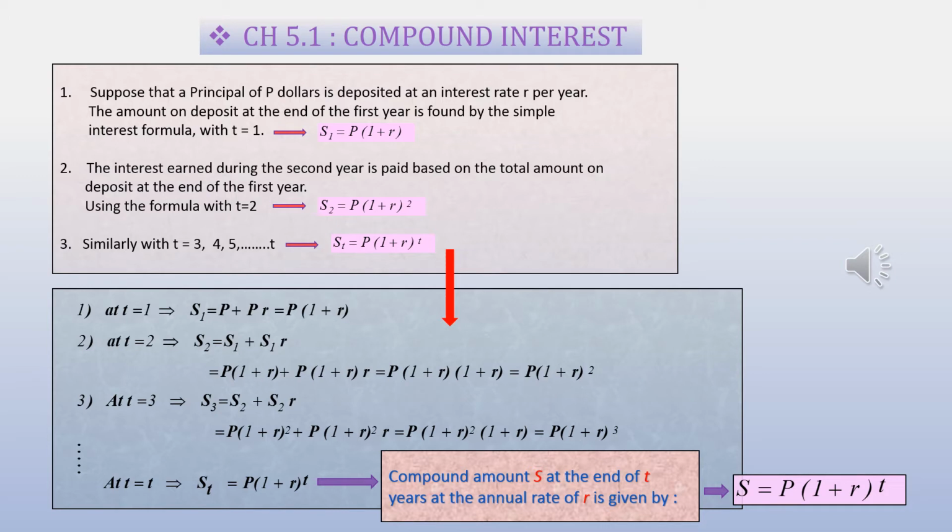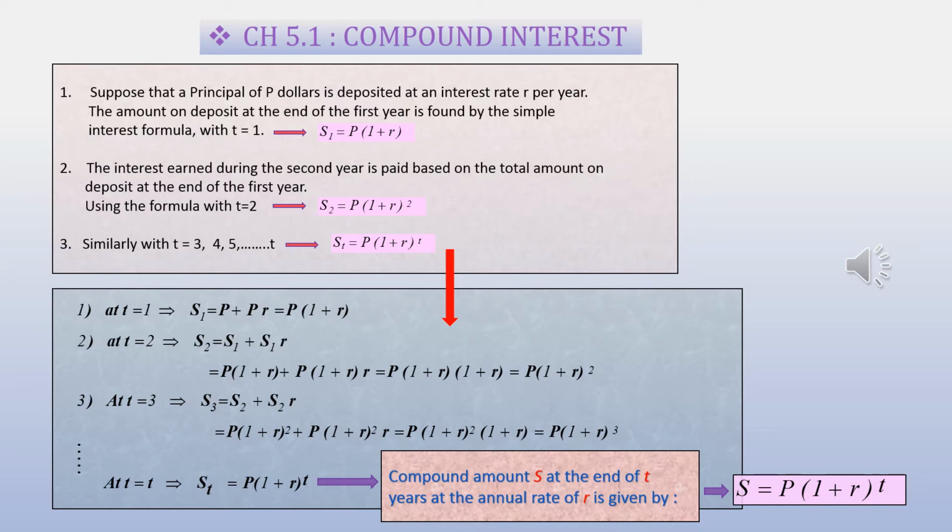S2 multiplied by R is the interest in the third year. So after we do some calculation here, we will get the end result of S3 equal to P multiplied by (1 plus R) to the degree of 3.